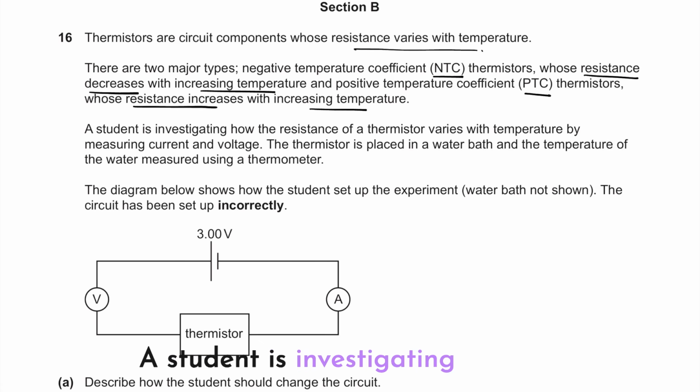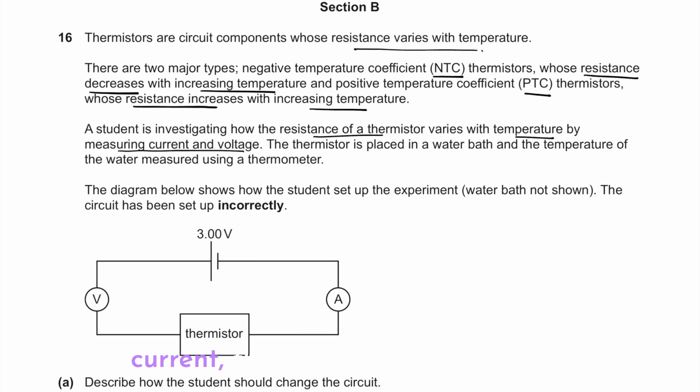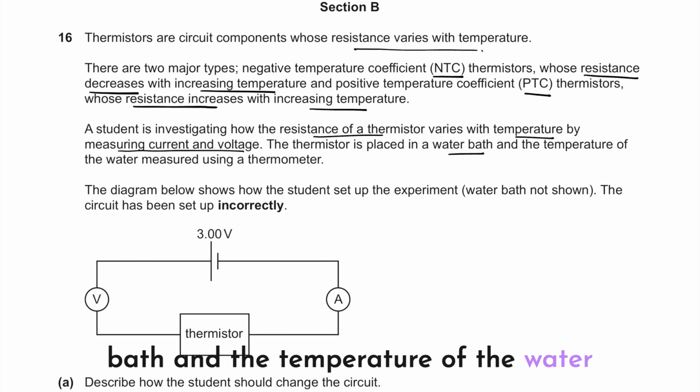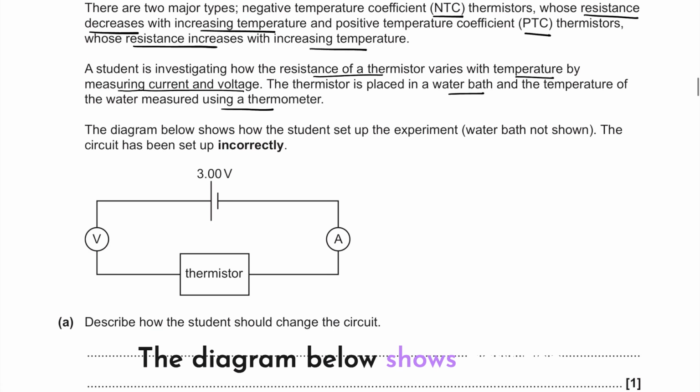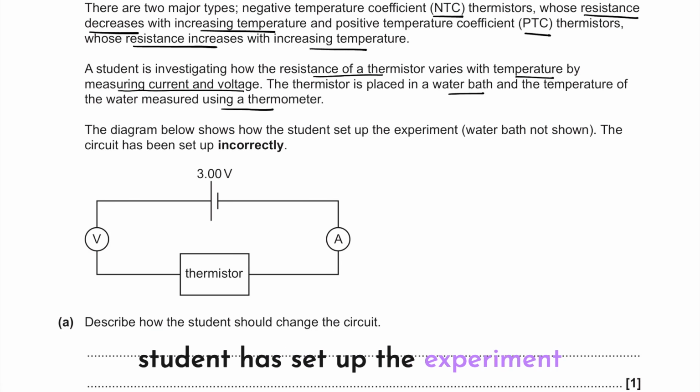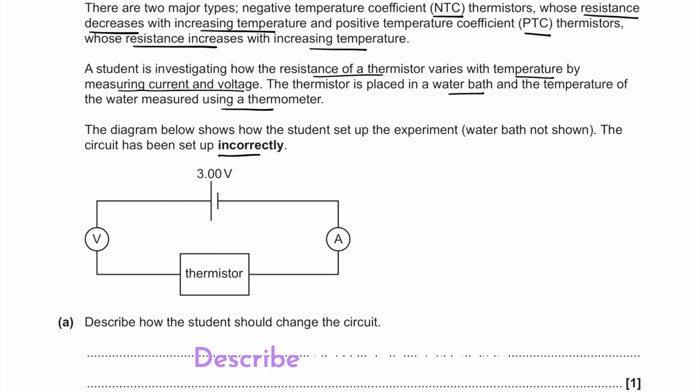A student is investigating how the resistance of a thermistor varies with temperature by measuring voltage and current. The thermistor is in a water bath, and the temperature of the water is measured using a thermometer. The diagram below shows how the student has set up the experiment, and it's been set up incorrectly. Describe how the student should change the circuit.